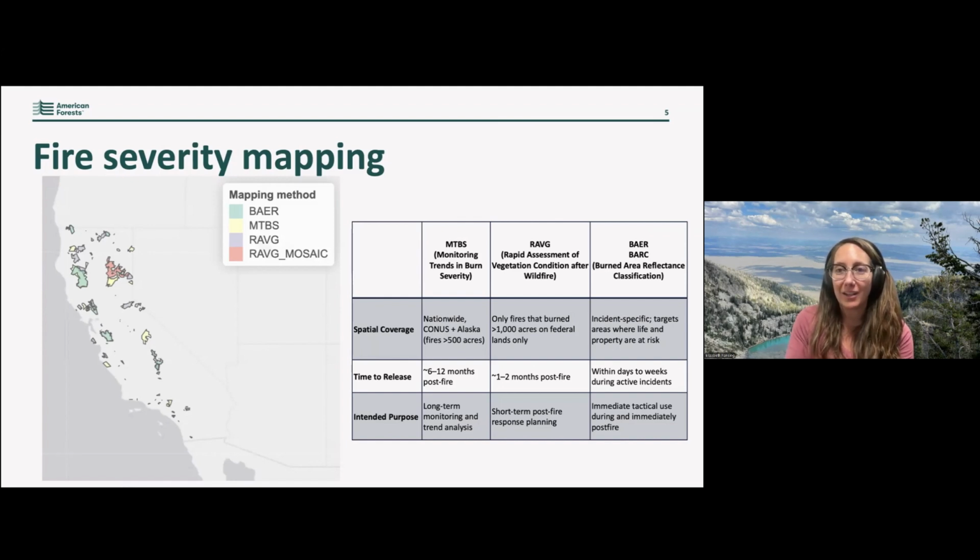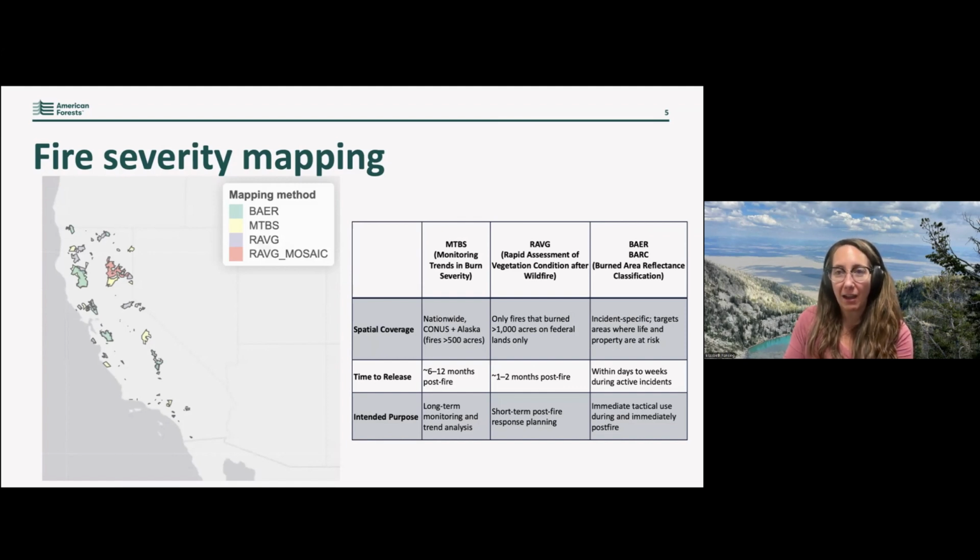So to Susie's point earlier, we recognize that there's a time component that's really important with reforestation, but if we're not getting these maps out until a year or so after the fire, then we're potentially missing some of that window where reforestation is a little bit easier and a little bit cheaper. So that is one piece that's constraining with MTBS.